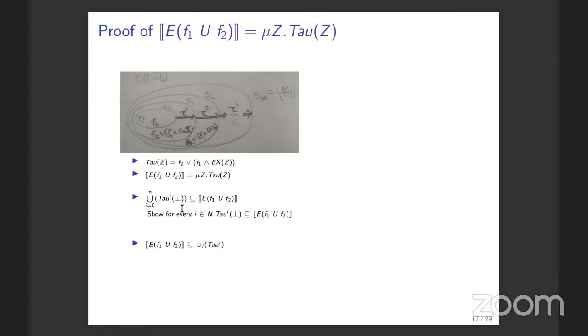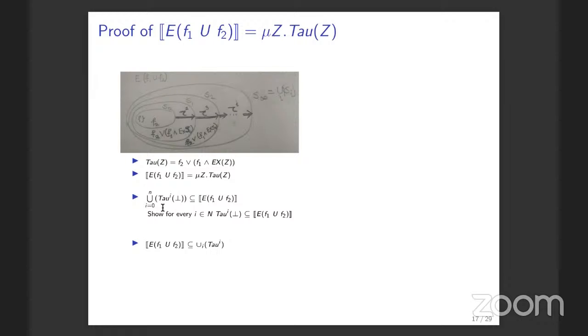Now, this one can be shown by inducting on the length of the tau chain, that is, the number of iterations that you require to reach your fixed point. Because the limit is the union of all those things, you will have to show that every tau i, from 0 to n, is contained in that.